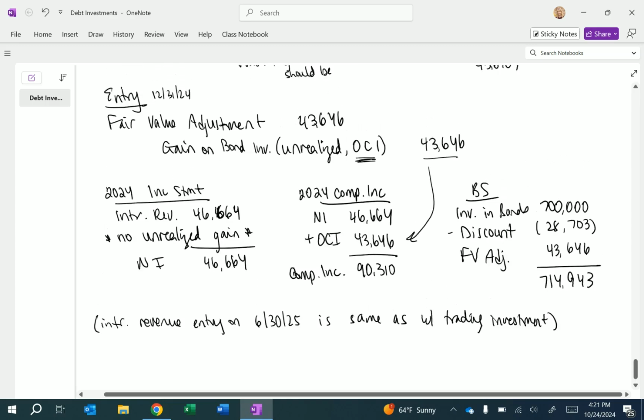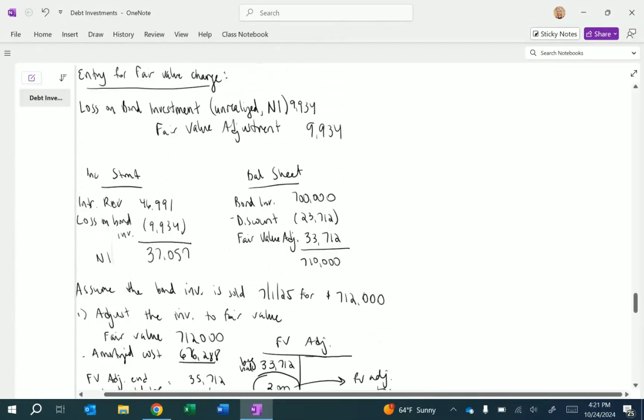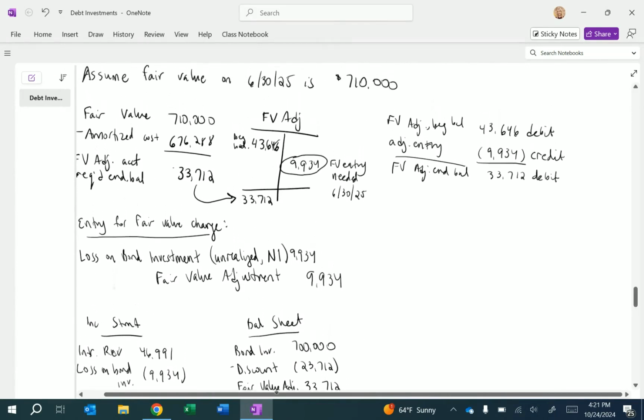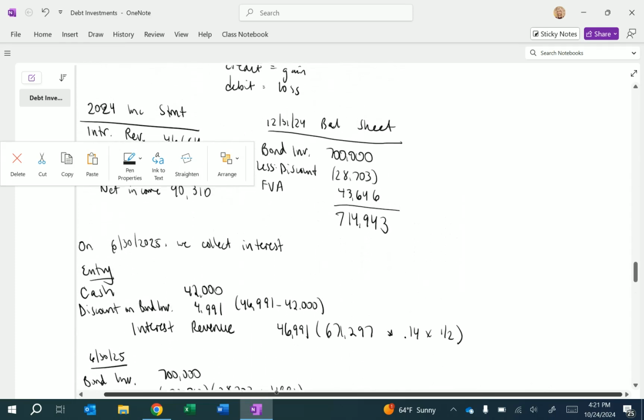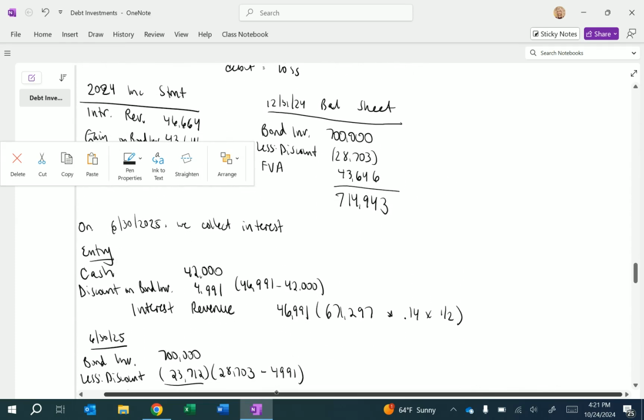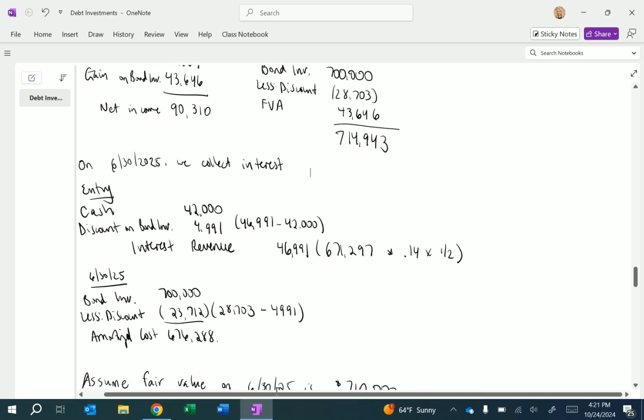Let's just scroll up to show what that entry was. We collect the interest 6/30/2025. We have a debit to cash 42,000, decrease the discount, and record the interest revenue based on the carrying value of the bond times the market rate. Okay, so same exact entry.